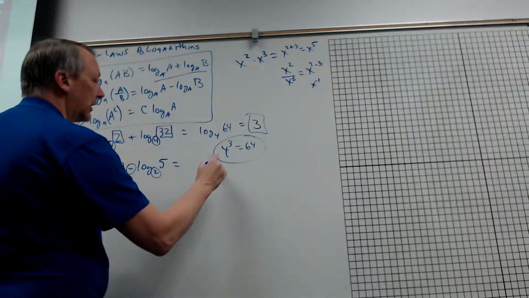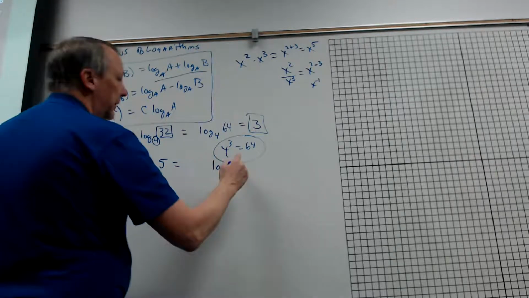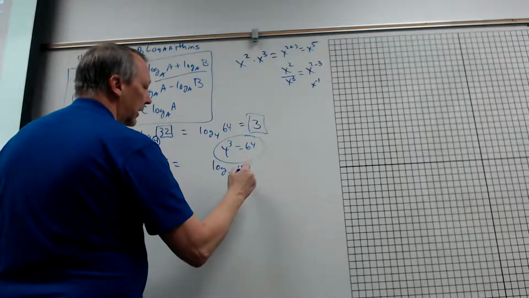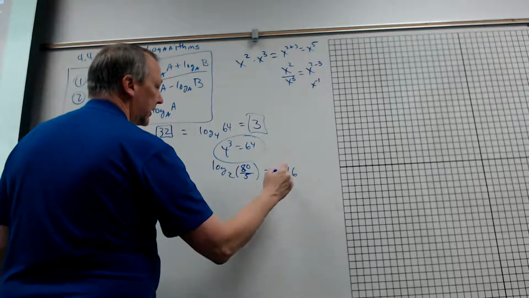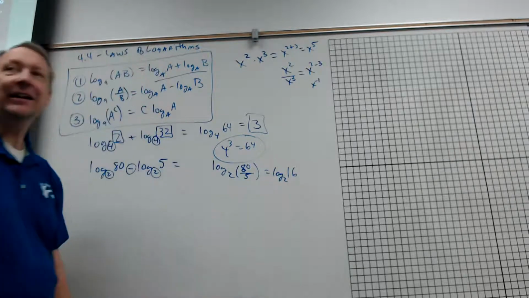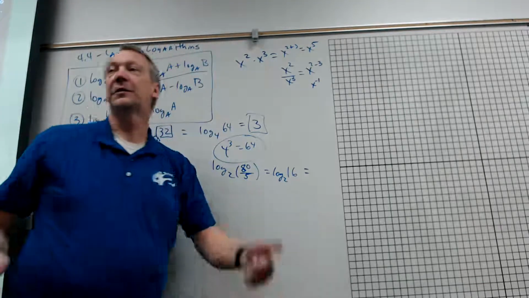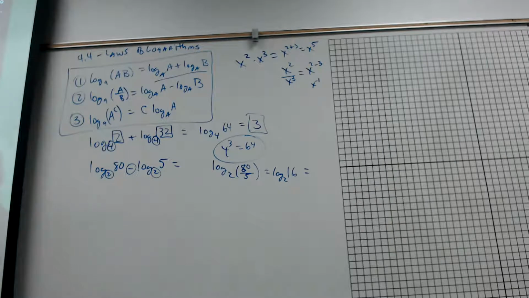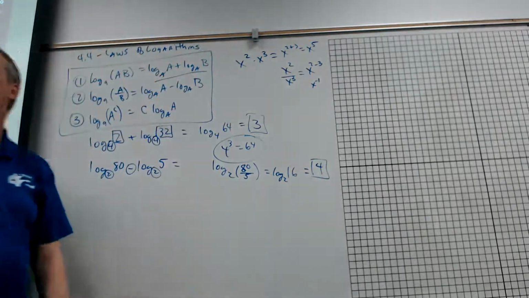I'm gonna get log base 2 of 80 over 5. 80 divided by 5, which equals 16. Log base 2 of 16. And you know that 2 to what power equals 16? 2 times 2 is 4, times 2 is 8, times 2 is 16. How many fingers do I have up? 4. 4. Okay?